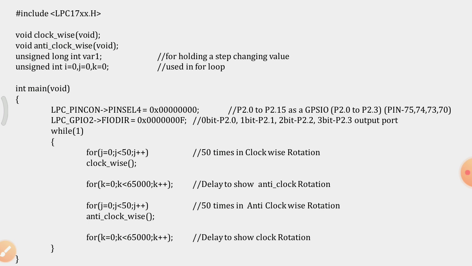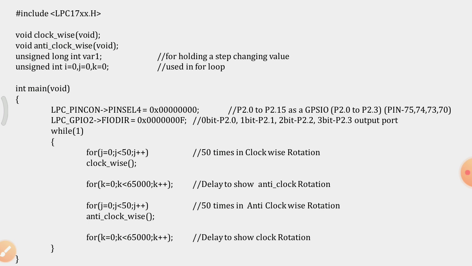Starting with the main program, for this stepper motor, we know that 4 pins are required to control, as there are 4 poles, pole A, B, C and D. So how will it rotate? Step by step, from A to B, B to C, C to D and D back to A, which completes one step.